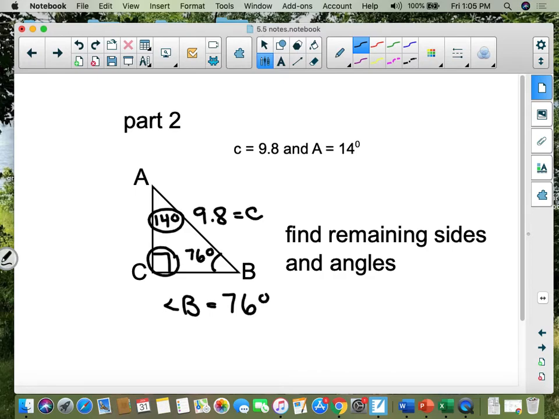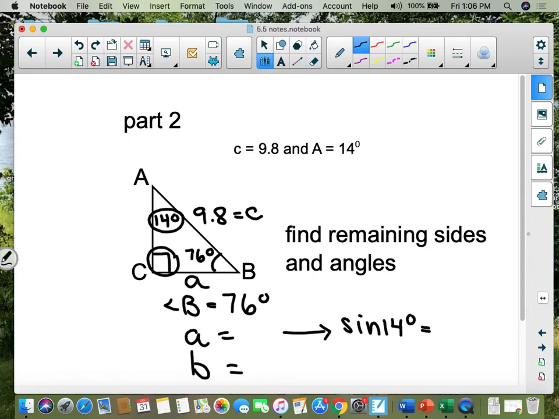I still have to find side A in the problem, and I also have to find side B for the test. Your choice. You can do whatever sine or SOHCAHTOA you want. We're trying to find side A, which is right here. I would do sine, because here's 14 degrees.